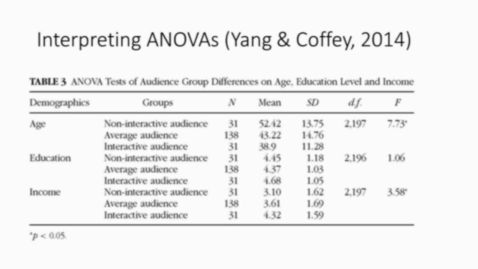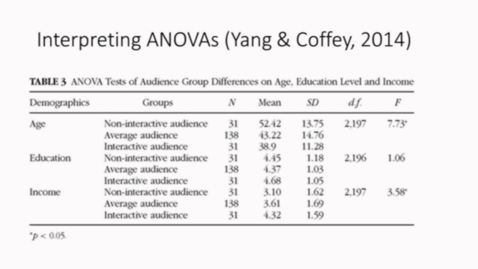have our number of participants, 31 for non-interactive audience. We have a mean, we have a standard deviation, we have degrees of freedom, which you don't need to worry about, and then we have an F-test. The F-test or F-score will tell you how different the groups are versus how much differentiation exists within each group. You want a high F-score.